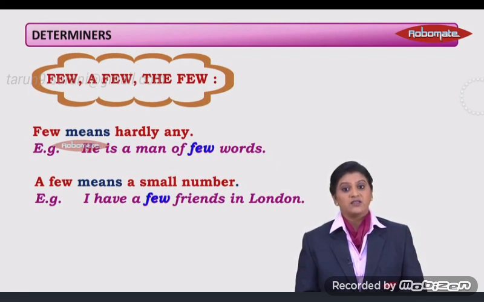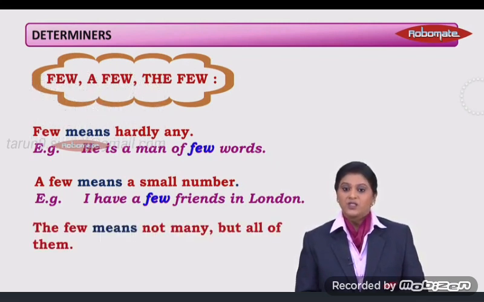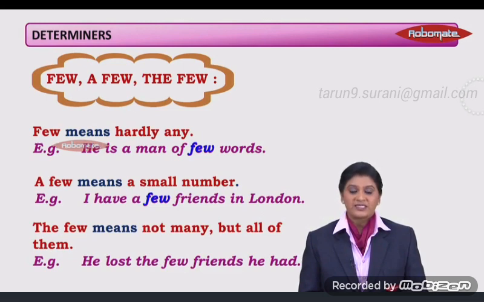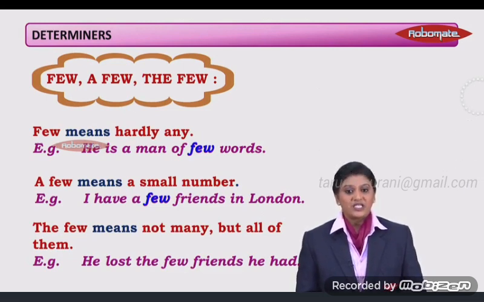Let us have a look at the few now. The few means not many, but all of them. Now let's take an example. He lost the few friends he had. Over here, the noun to be considered is friends, and the few is the determiner that precedes it.